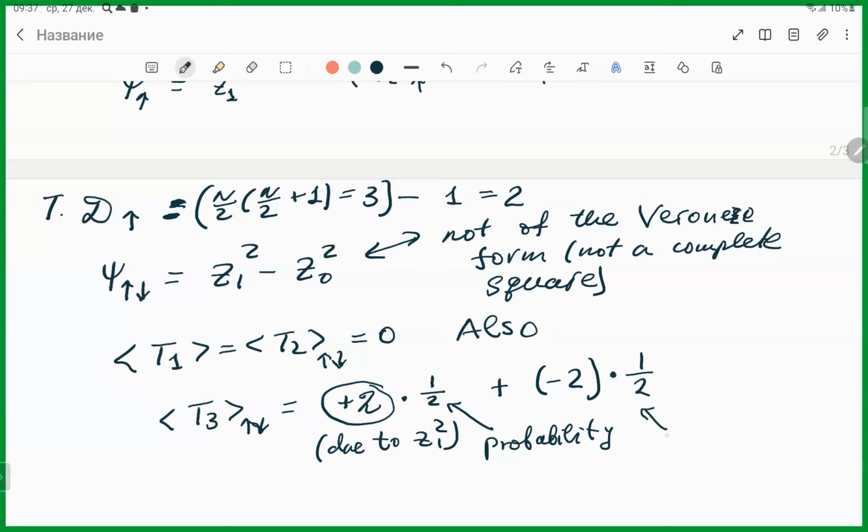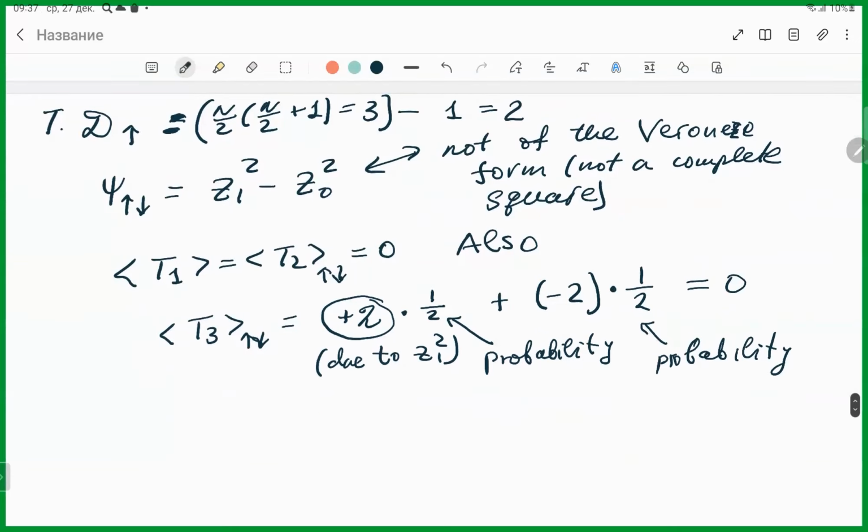And this is also a probability. And it is 0. Let me remind you how to compute probability.